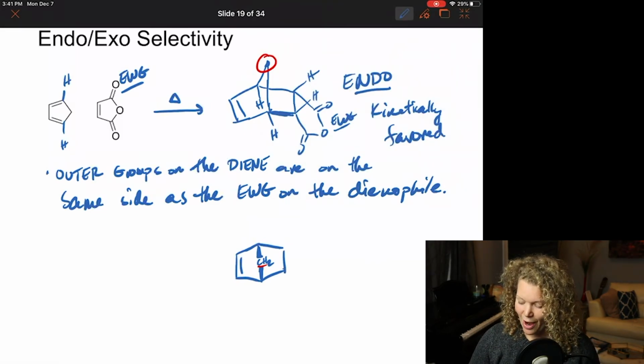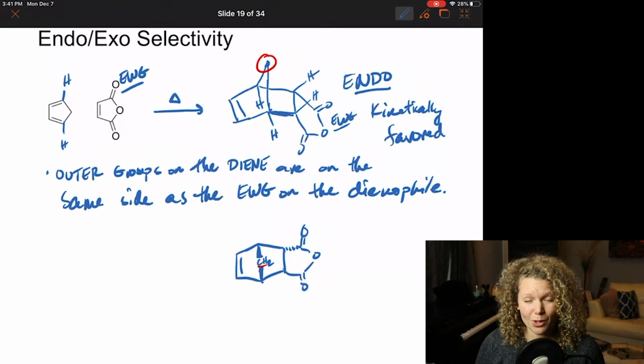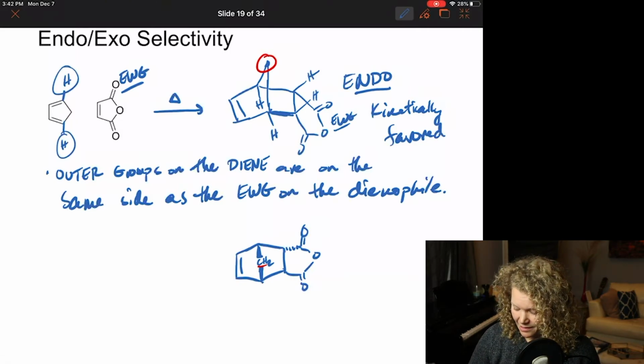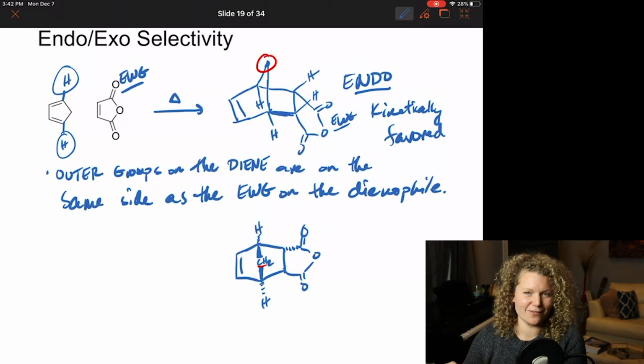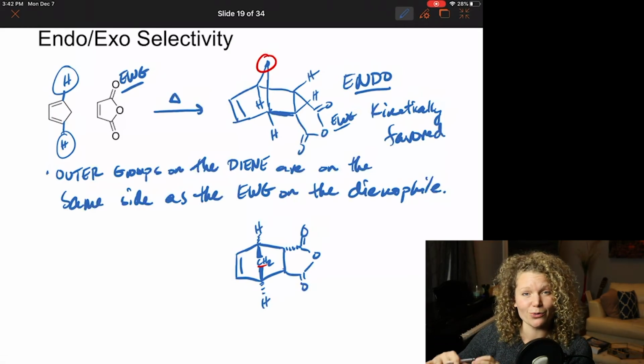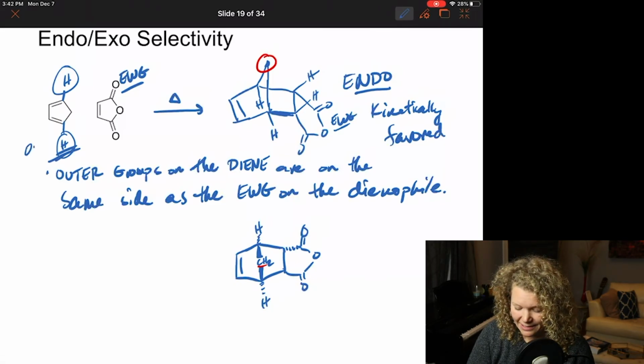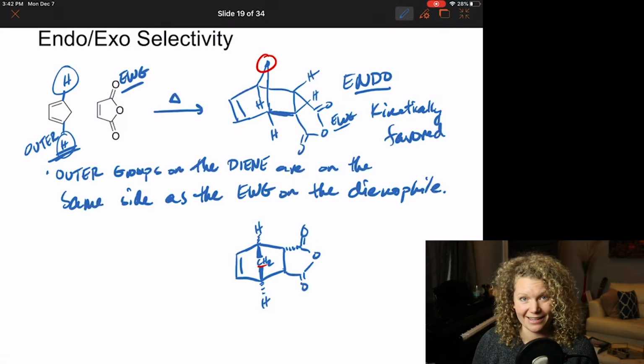And then our endo product shows that these groups are pointed down. Okay. The protons that I showed you that were on the outer positions here, okay, must be pointing down. So this is kind of a skewed view of it, but you can kind of see from here that the electron withdrawing group and the outer groups on the diene are in fact on the same side, okay?